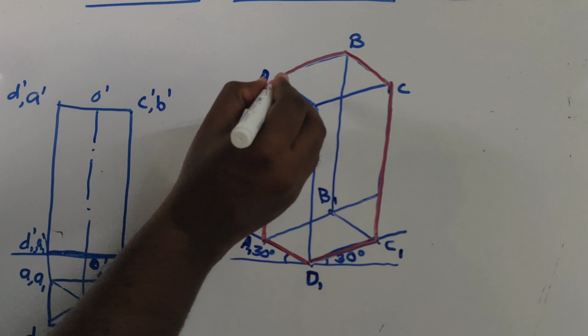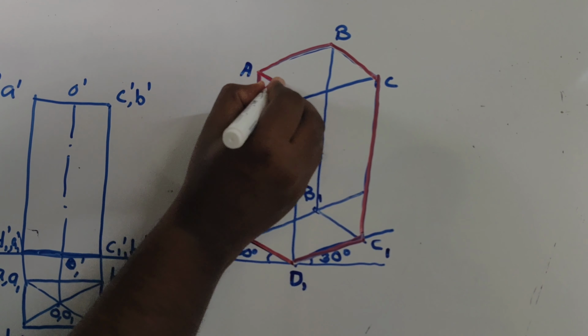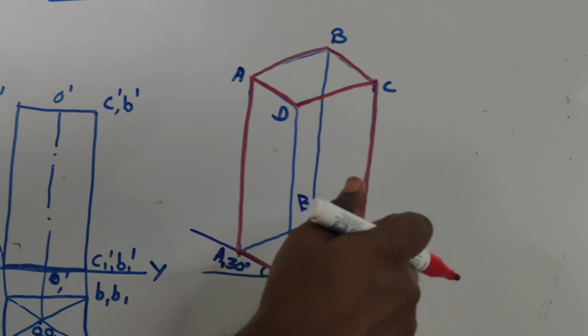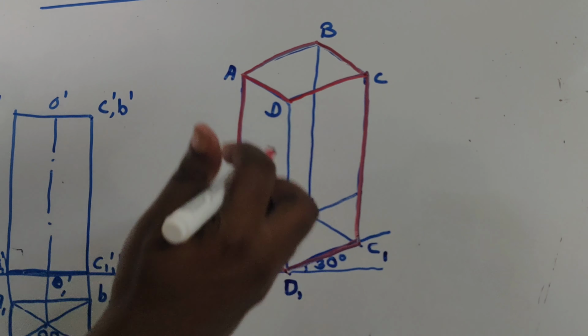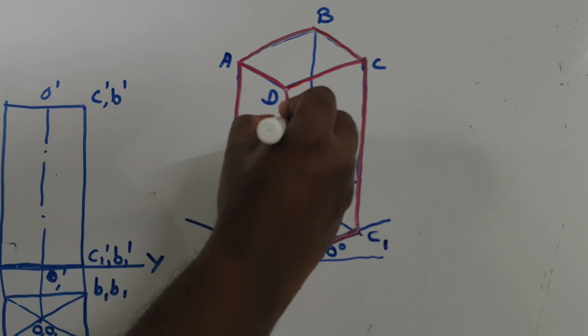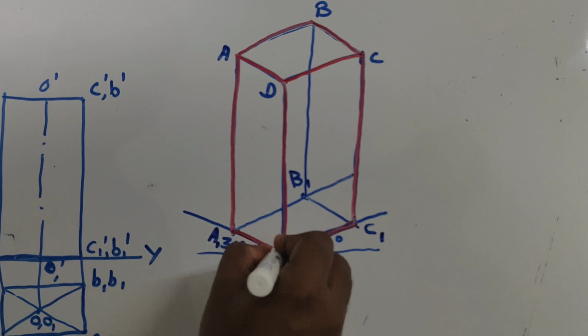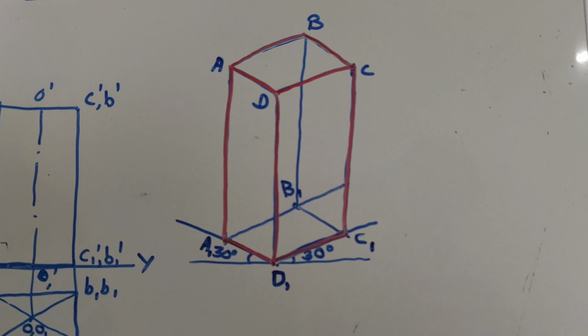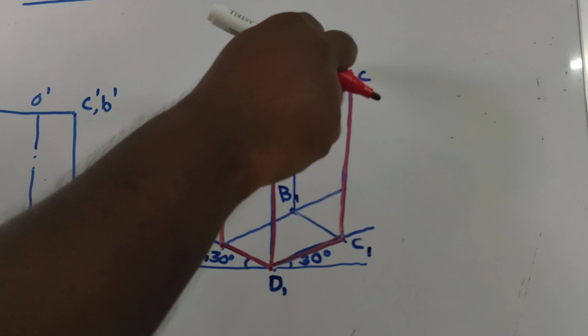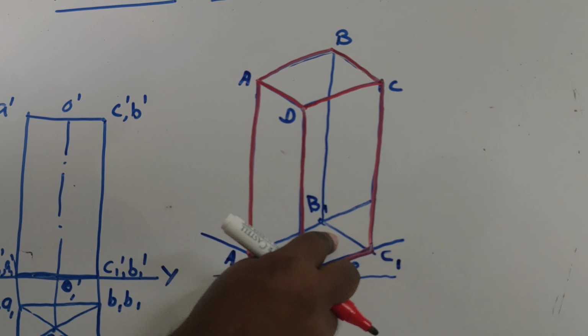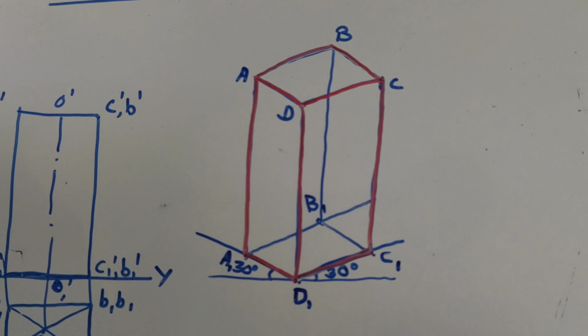The visible portion is the top base. If the top base is visible, you can see that A1 is nearer to the observer, C1 is nearer to the observer, D1 should also be nearer to the observer. So the edges which are nearer to the observer are visible. Now A1 B1 and B1 C1 are invisible.